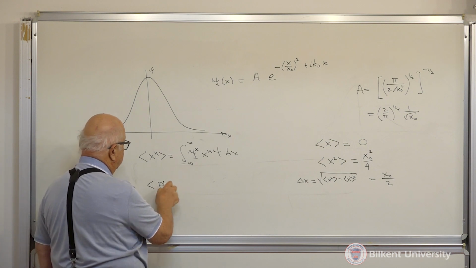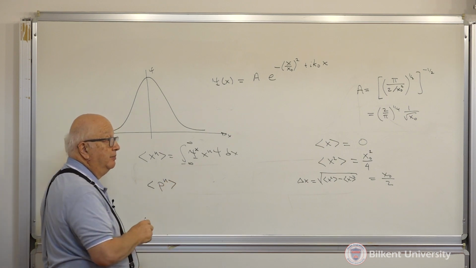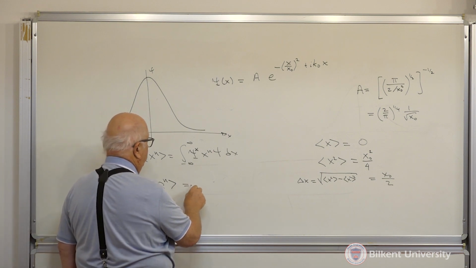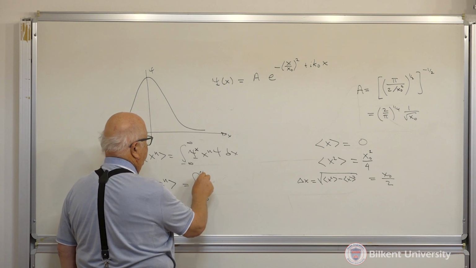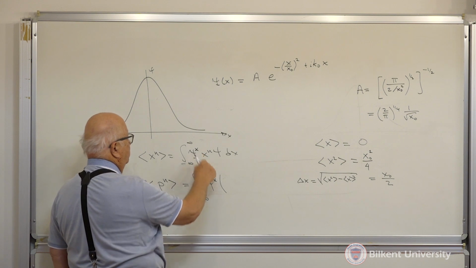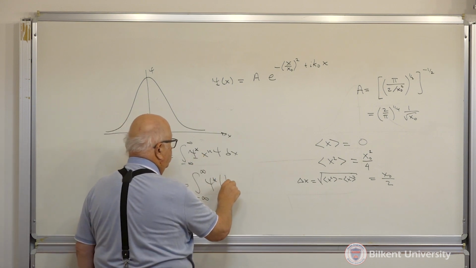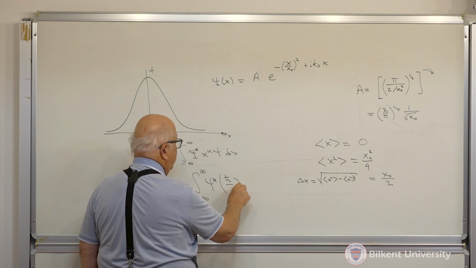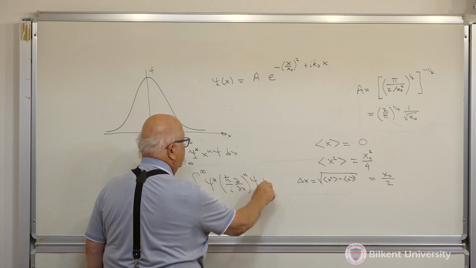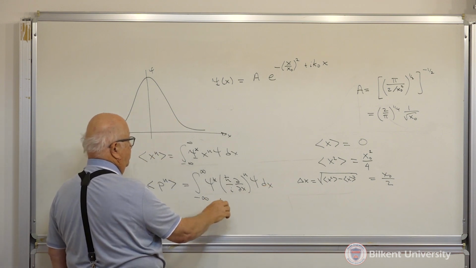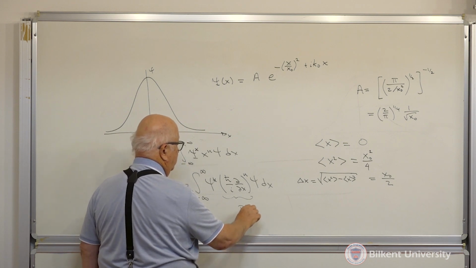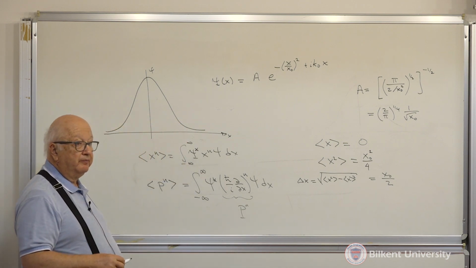So let me write it also as p to the n in some general form. That is going to be, again, the integral from minus infinity to infinity of psi star, and in place of the p, we put in h bar over i del x, to the nth power, psi dx. So this object here is now the operator associated with p to the nth power.